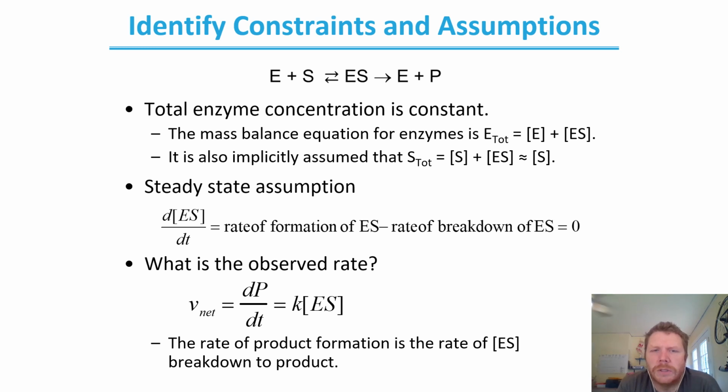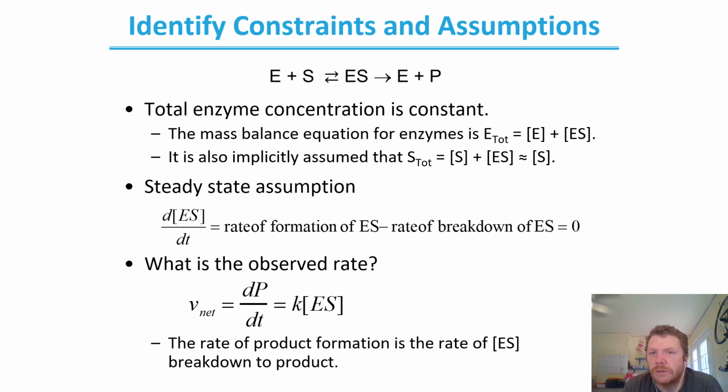It's also implicitly assumed that S tot, your substrate total, S plus ES, is comparable to the free substrate concentration. So effectively, the amount of substrate that is bound within the enzyme substrate complex is almost a negligible amount, because your S tot is effectively equal to S plus ES.